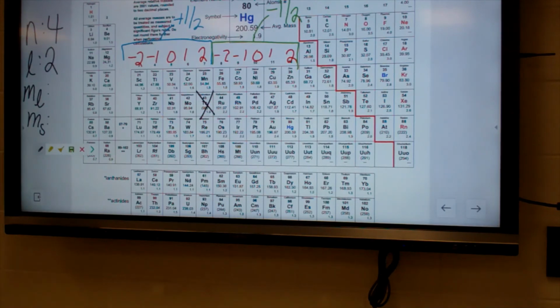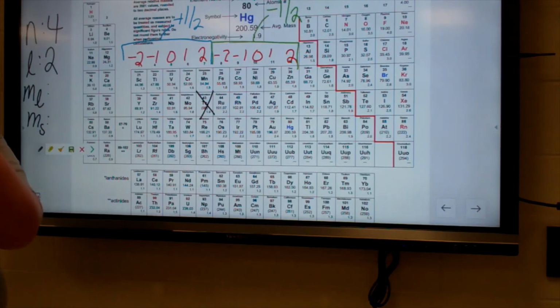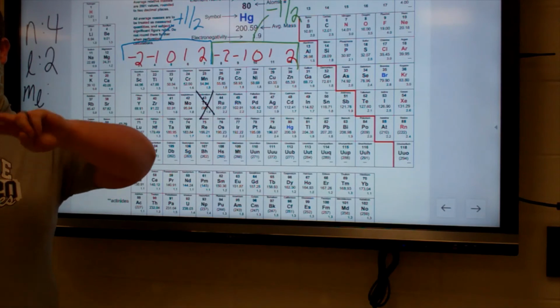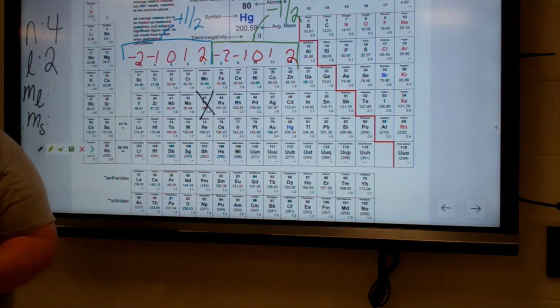Have you guys ever heard of the octet rule? The octet rule is literally just a breakdown that atoms want 8 valence electrons. So if you look at it, S subshells can have 2 electrons, and P subshells can have 6 electrons.